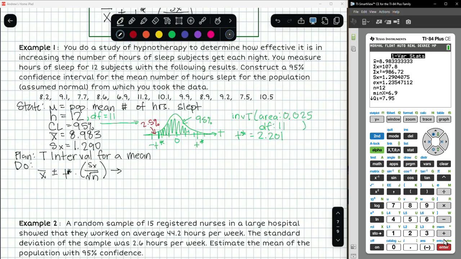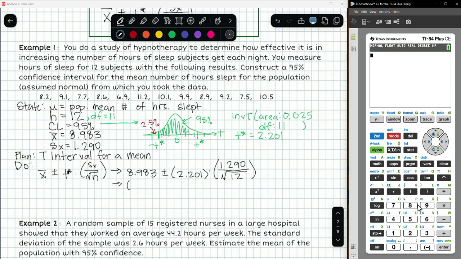So down here in my formula, I'm going to have 8.983 plus or minus, and then my critical value t star is 2.201 times, and then my standard error is 1.290 divided by square root of my sample size, which is 12. And that's going to give us our interval.